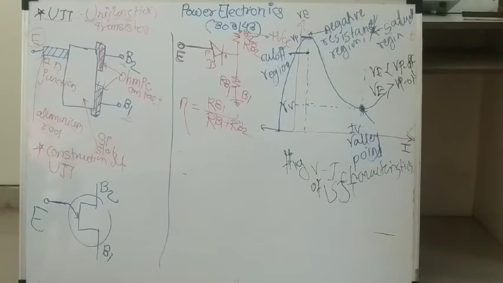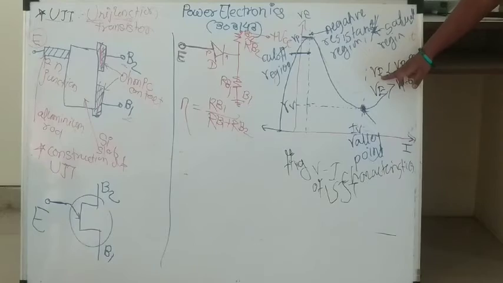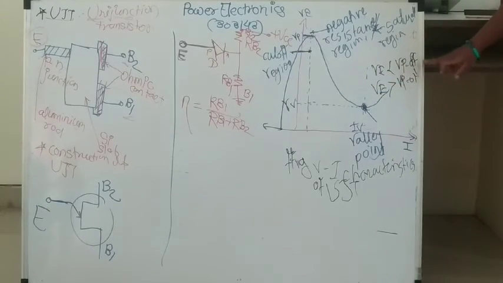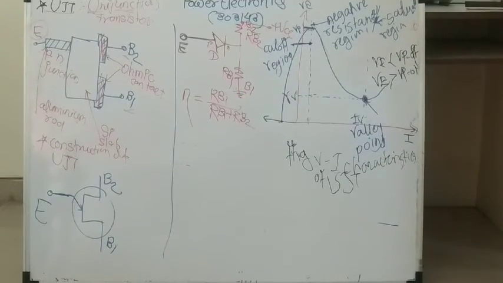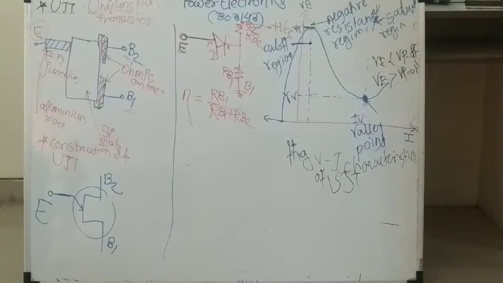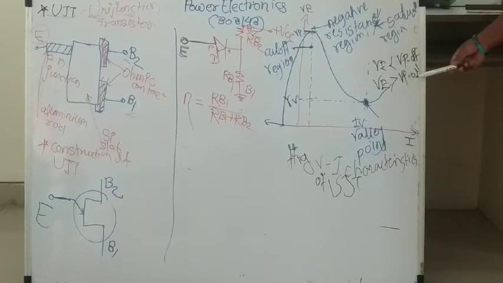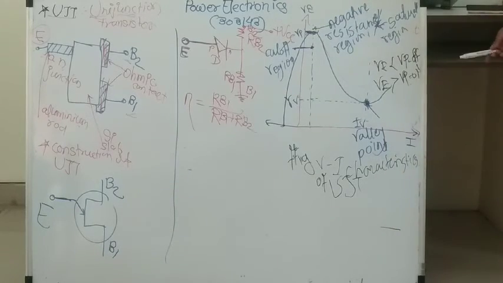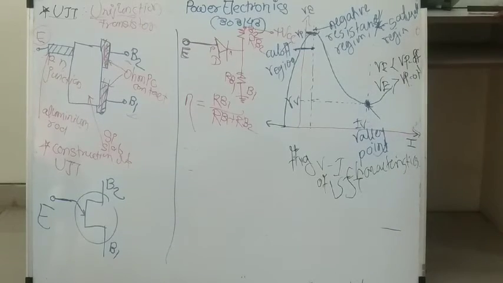Again, I repeat: when emitter voltage is less than peak voltage, your UJT is in off condition, meaning it is in the cutoff region. When your applied voltage is greater than peak voltage, at this point your UJT goes into on condition and gets turned on.